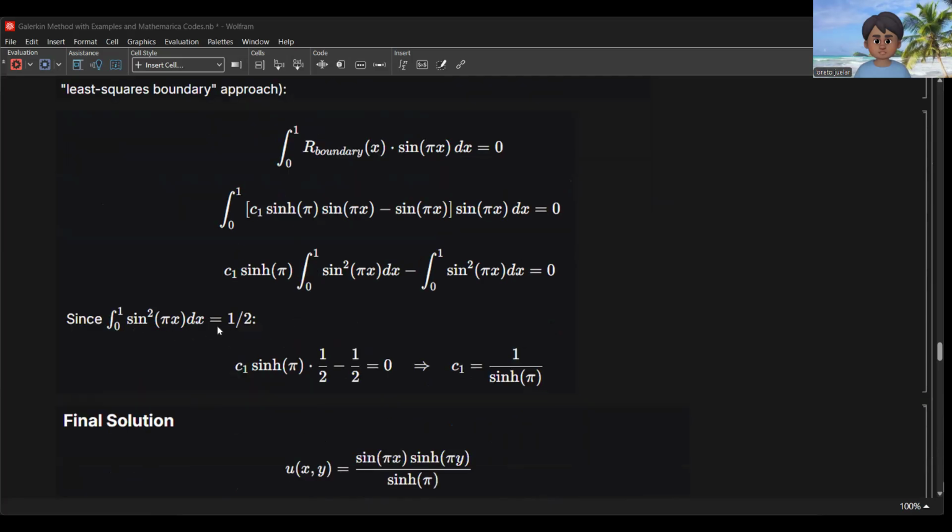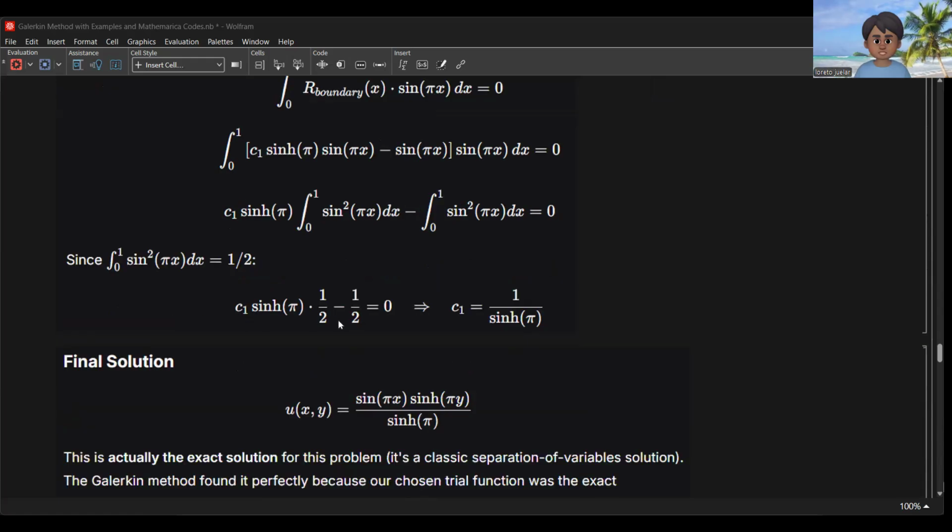So we have the value of this expression, the integral from 0 to 1 of sine squared pi x dx, equal to 1 half. By substitution here, we have c1 equal to 1 over hyperbolic sine pi.